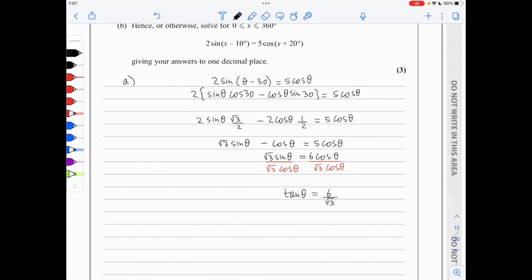Now I can rationalize the denominator by multiplying by root 3 over root 3. So we get that tan theta is 6 root 3 over 3, which is simply 2 root 3 as required.